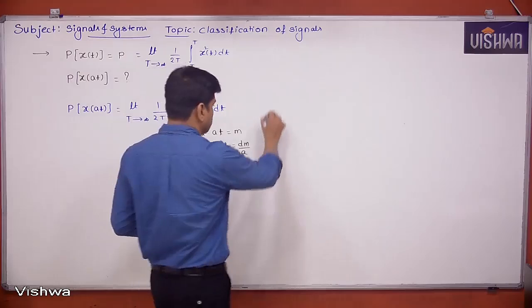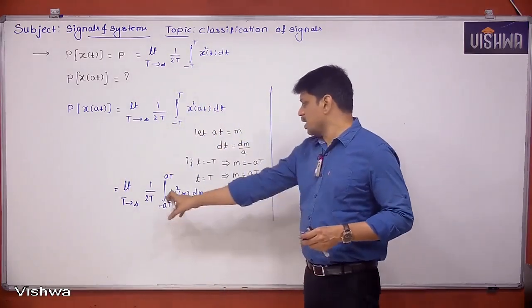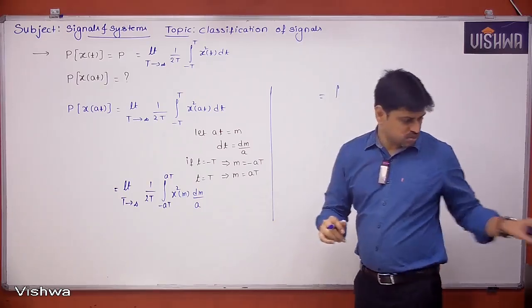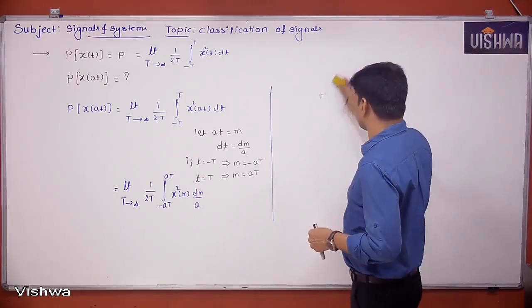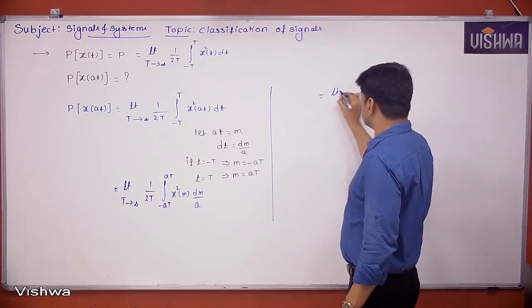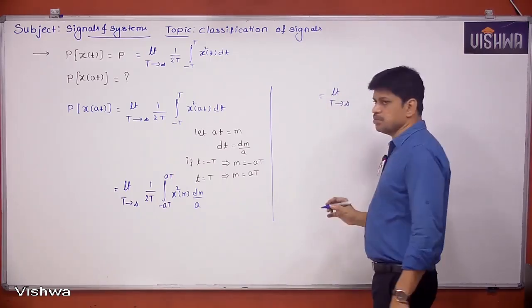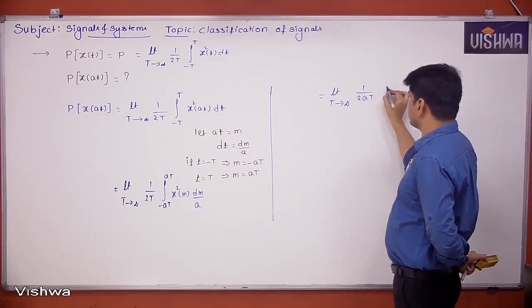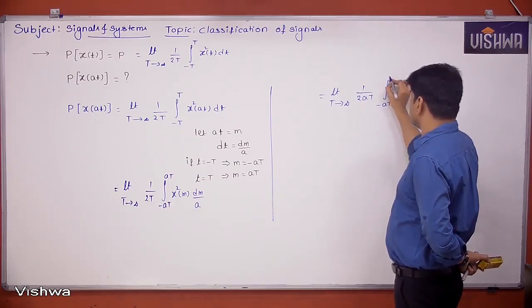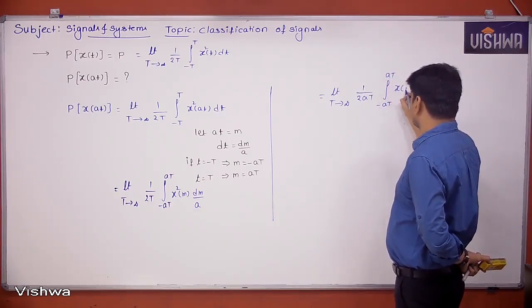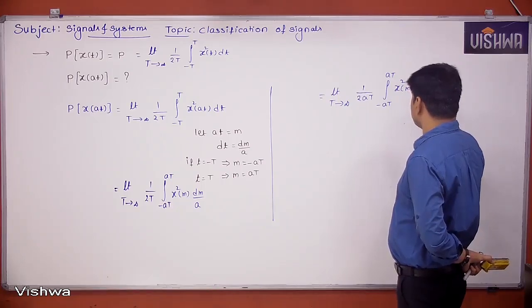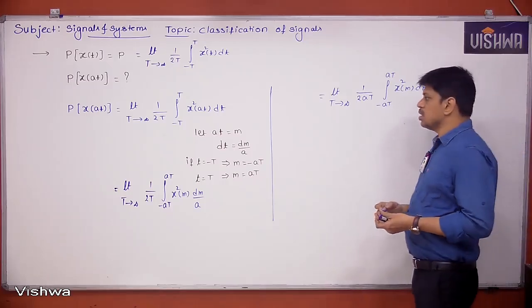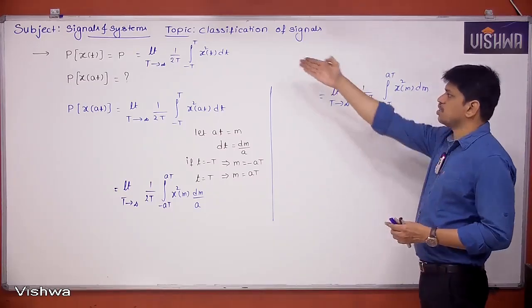Now if I take a outside the integration, then it is going to be limit t tends to infinity 1 by 2at integral minus at plus at x of m whole square dm. Now what is this integration and these limits indicate? It is nothing but p only. This and that one both are same.